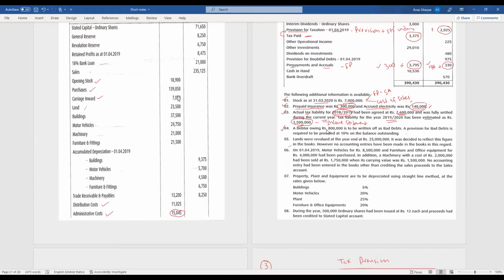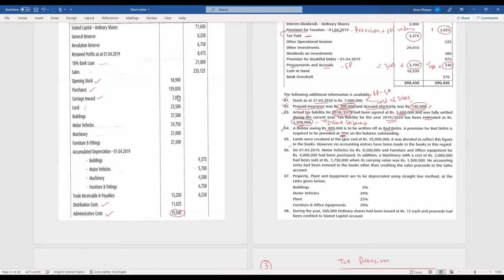A debtor owing 800,000 is to be written off as bad debts. A provision for bad debt is required to be provided at 10% on the balance outstanding. So this is very straightforward. Okay, so 800 has to be written off as bad debt, and 10% has to be provided as provision.